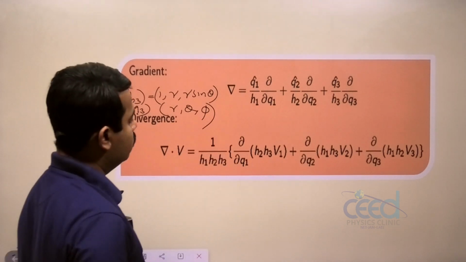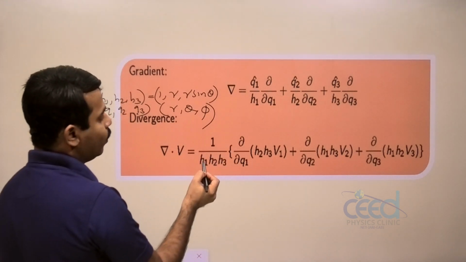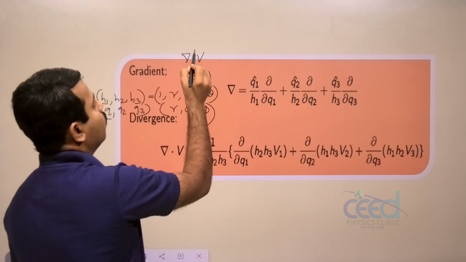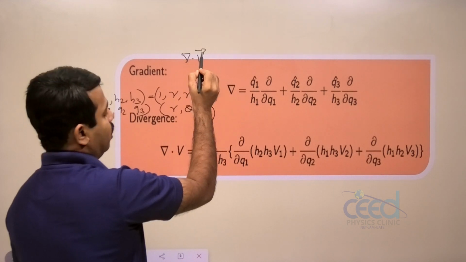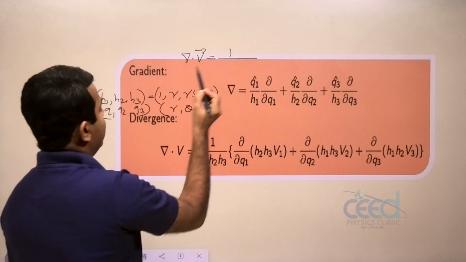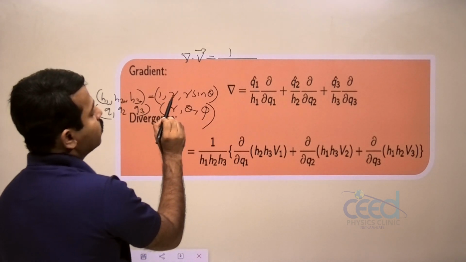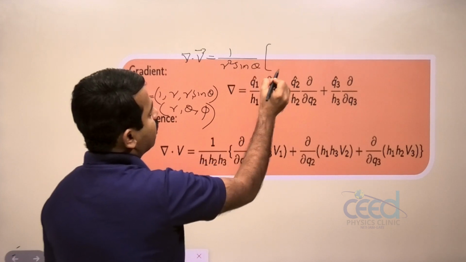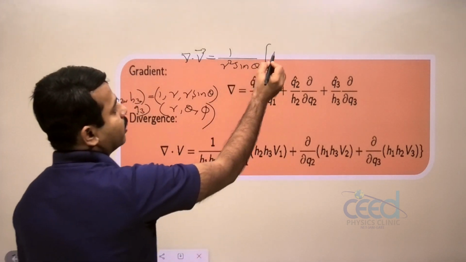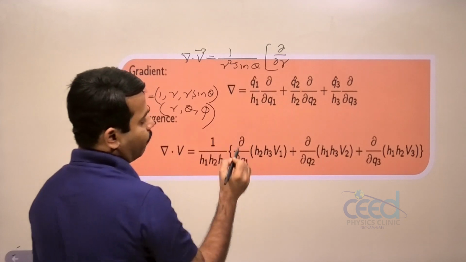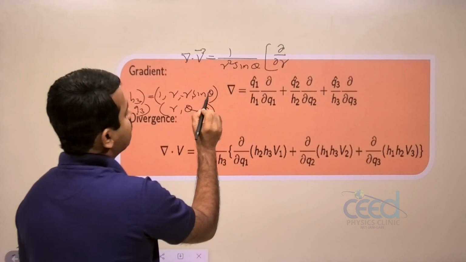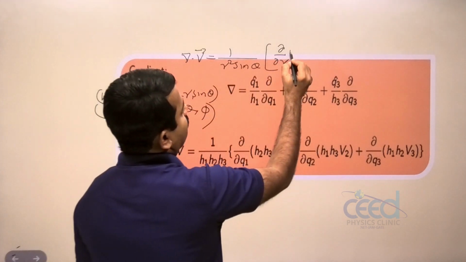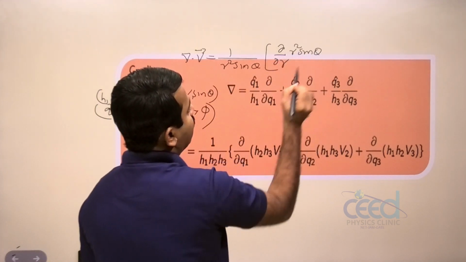So divergence in spherical polar coordinates is 1 by h1 h2 h3, that is 1 over r squared sin theta, then dou by dou r of h2 h3, that is r squared sin theta.